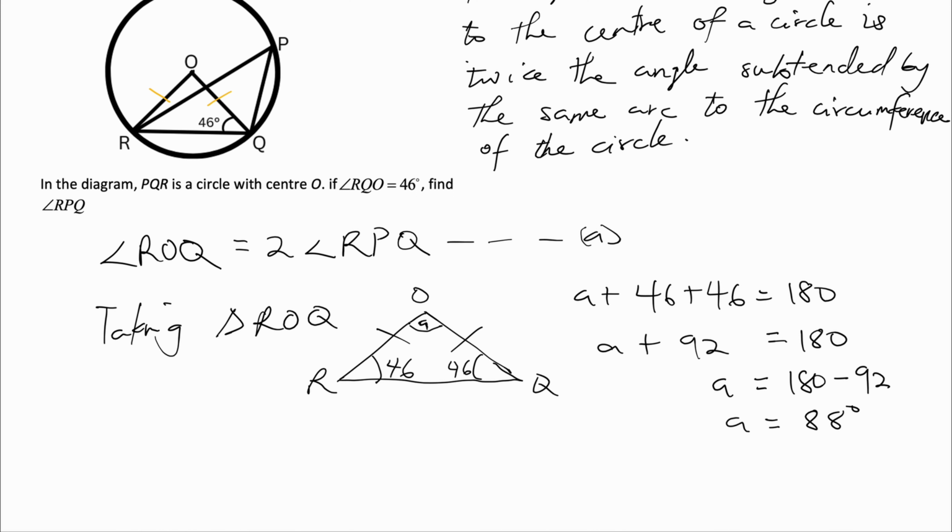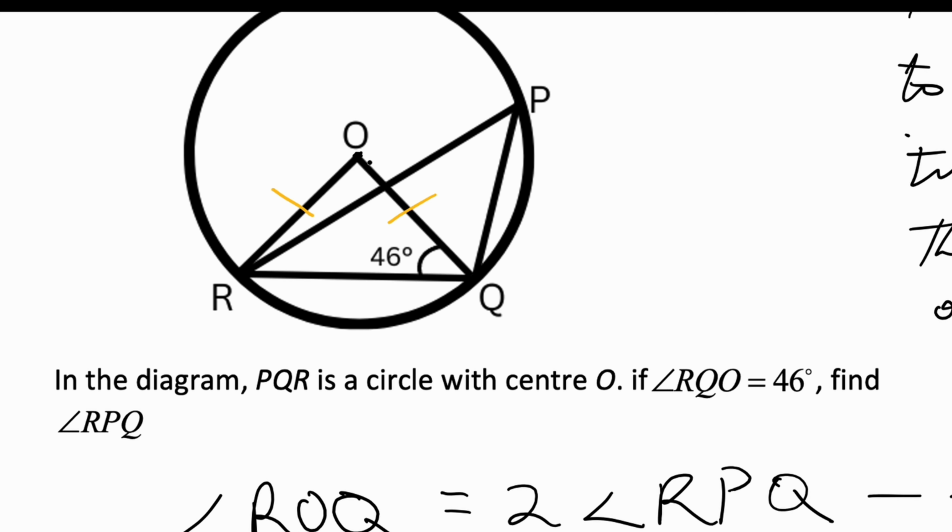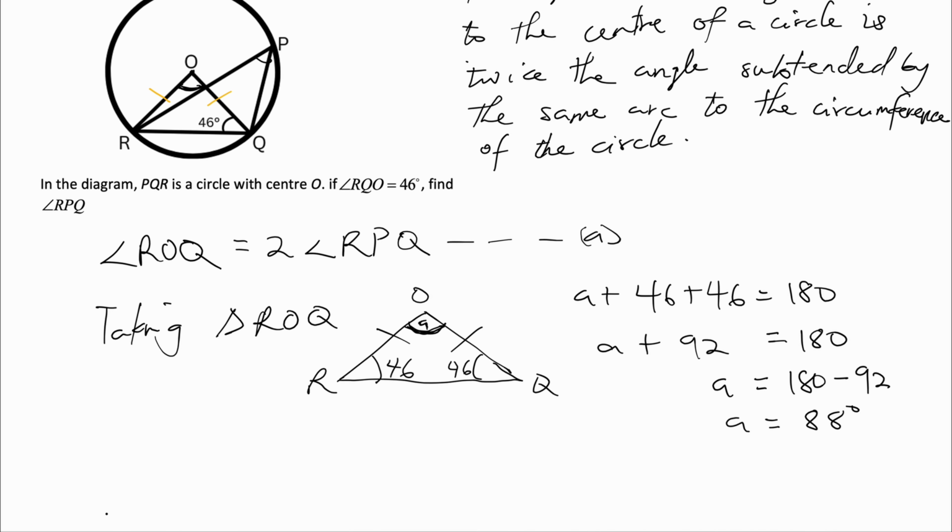So this angle here is 88 degrees. This angle is the angle the arc subtends to the center, and we are saying that this angle is twice this angle. So we know that our angle ROQ is equal to 88 degrees.